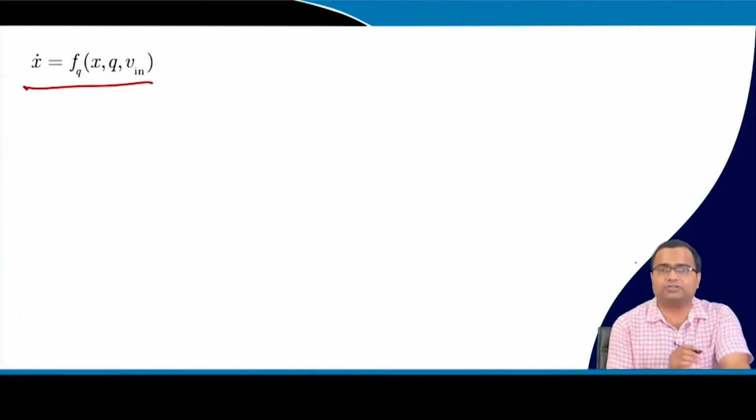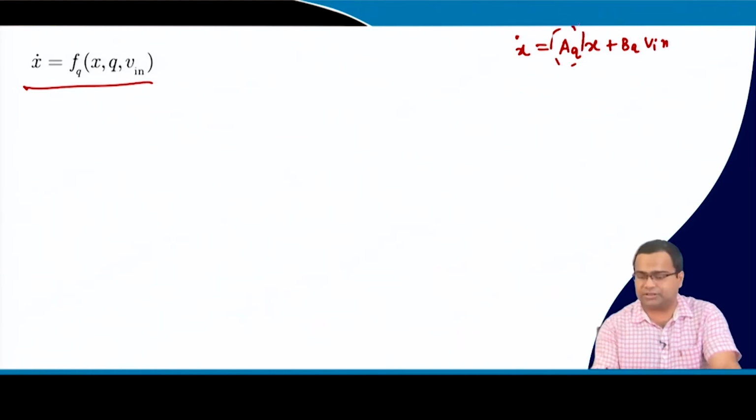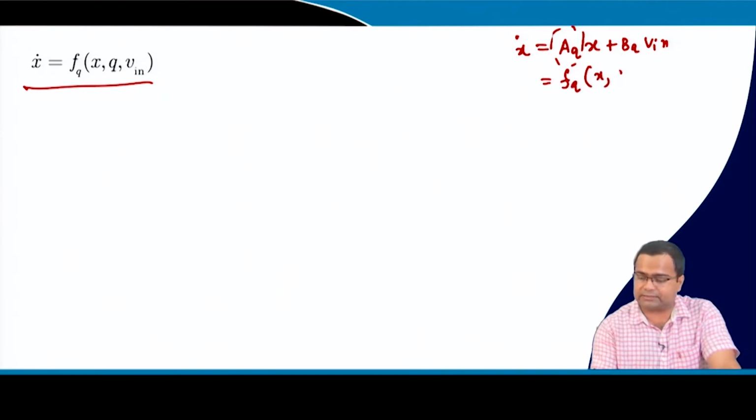So again we write X dot equal to AQ X plus BQ V in. Since these matrices depend on Q, we can write it as a function of X, Q and V in.